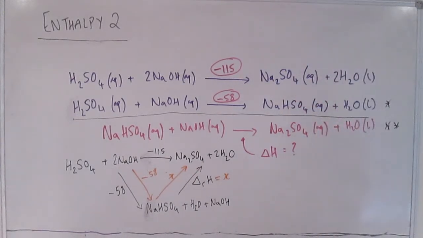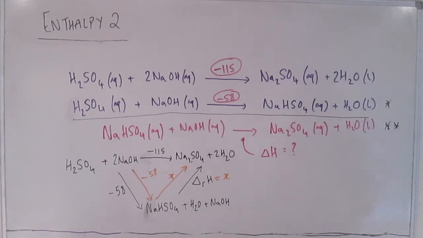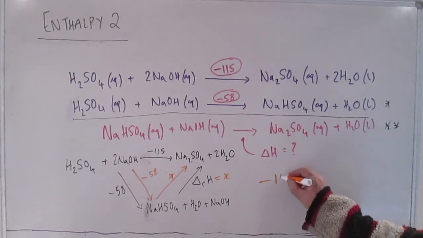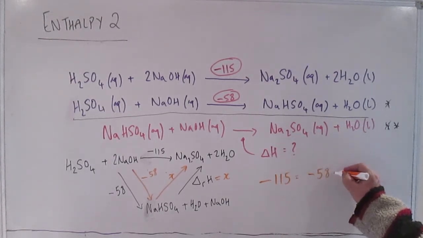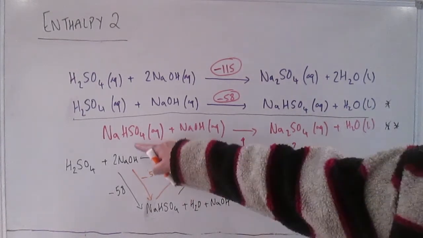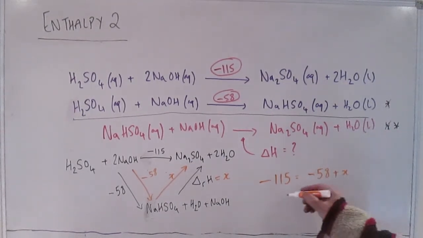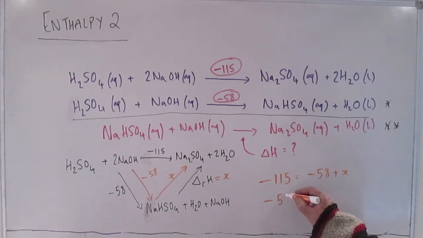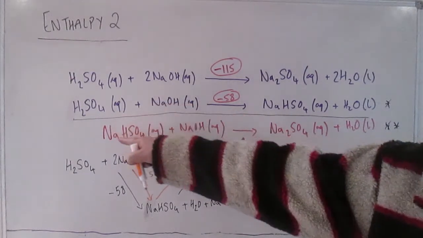Delta H of reaction is x, so we'll call that x. So actually they're both going in the right direction this time, so we don't have any sign changing to do. So we can just make the statement that minus 115 is equal to minus 58 plus x. And therefore we can rearrange that, just add 58 to each side, and we get minus 57 is equal to x. So that's delta H for this reaction.